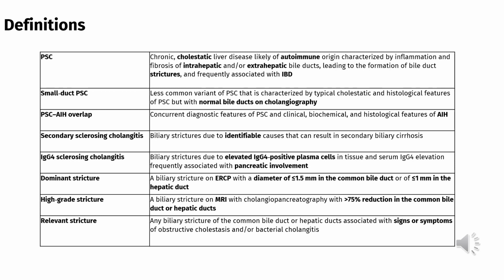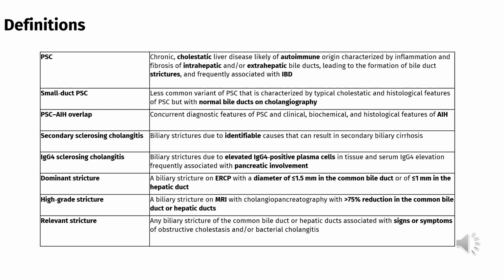And then we have a specific small duct PSC, which is a less common variant and characterized by the typical cholestatic and histologic features of PSC, but the bile ducts are completely normal on cholangiography.